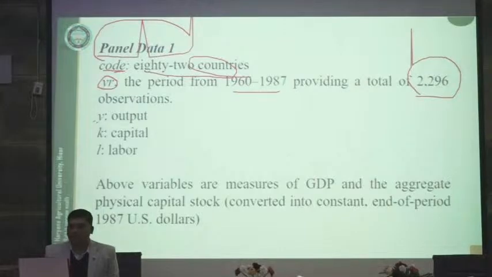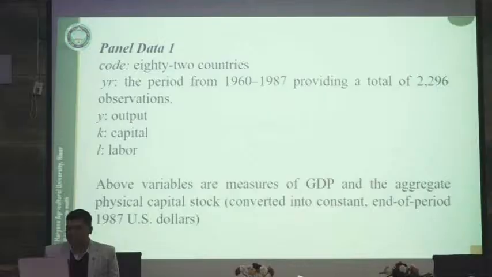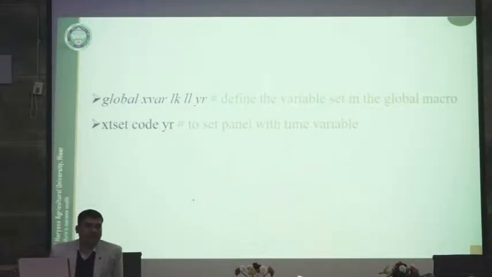And this Y is the output, which is GDP. Okay, and K is the capital, L is the labor, and these are the codes for strata.